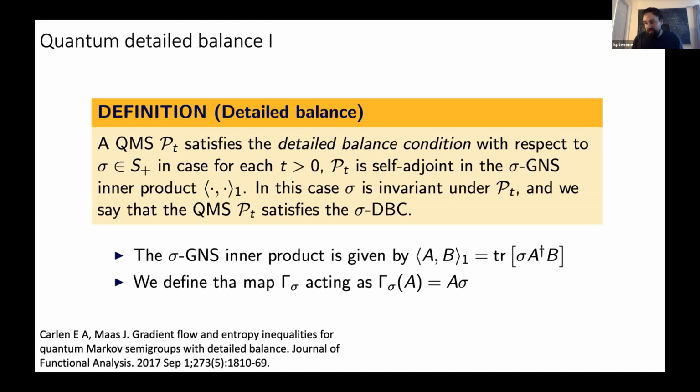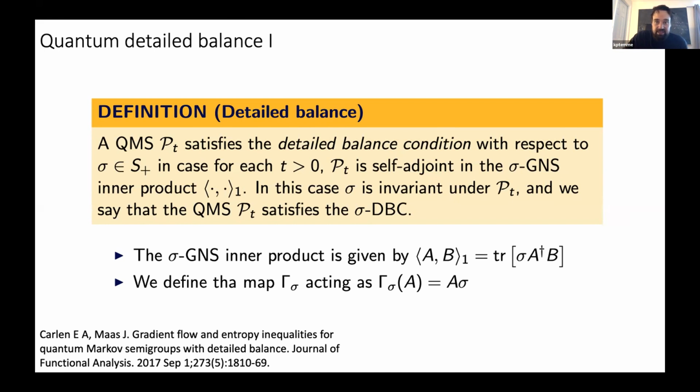The interesting thing they showed is that if you can show it is sigma detailed balanced with respect to this inner product, then pretty much all the other inner products that you could define in the non-commutative setting also become detailed balanced. So we're just going to take that as our definition of detailed balance.